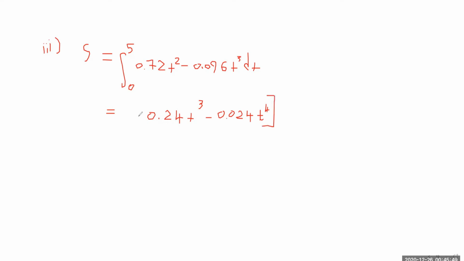And we're integrating from 0 to 5. Now we don't even need the 0. We're just going to plug in the 5. So plugging in the 5, we're going to get 0.24 times 5 cubed minus 0.024 times 5 to the 4th power.